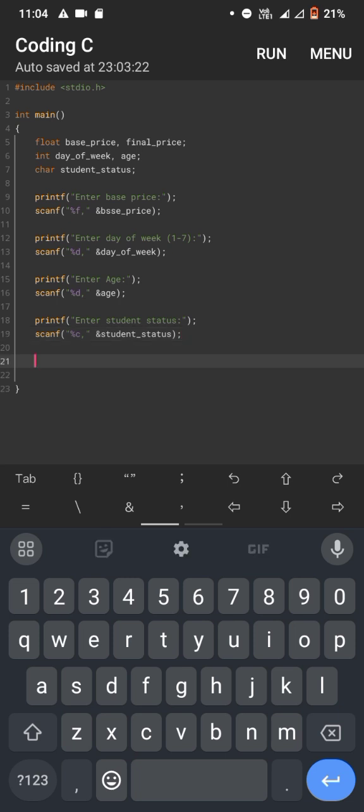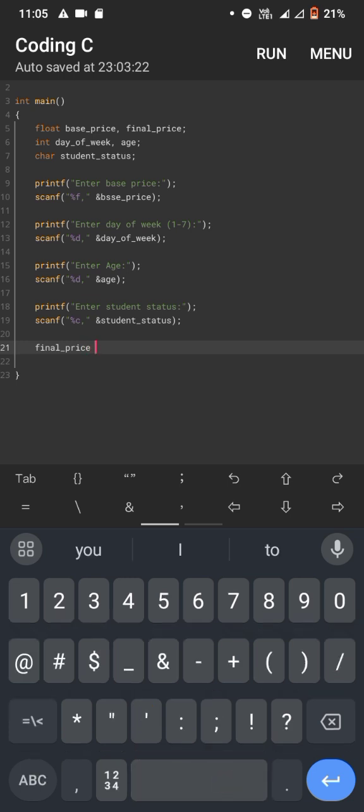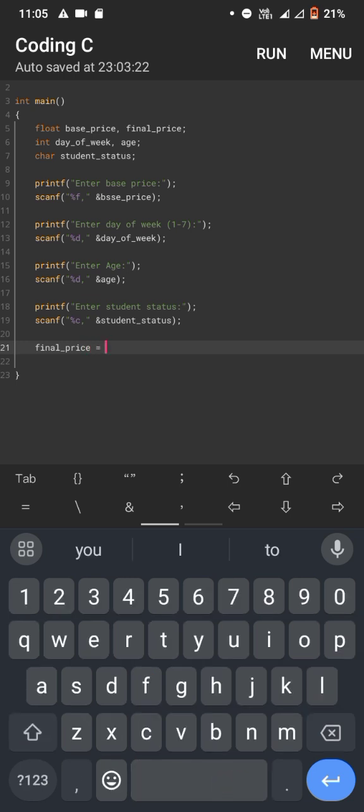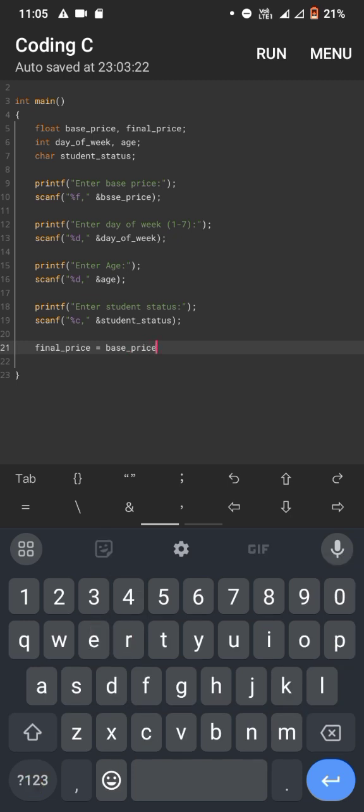So now let's proceed. The final price is equal to base price. Now we need to use if.